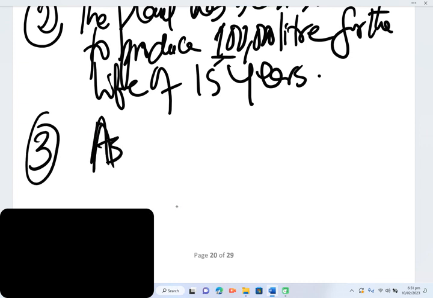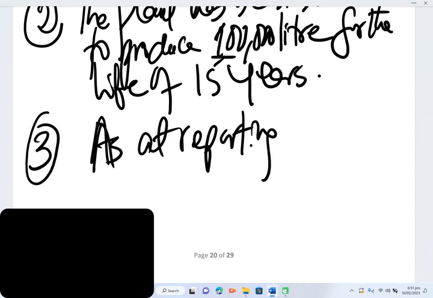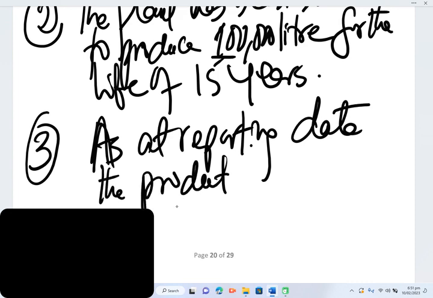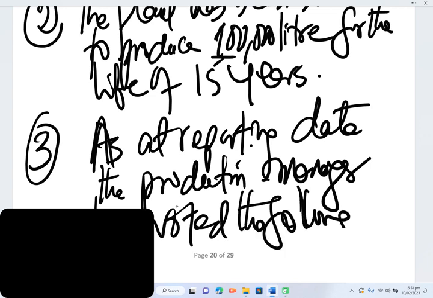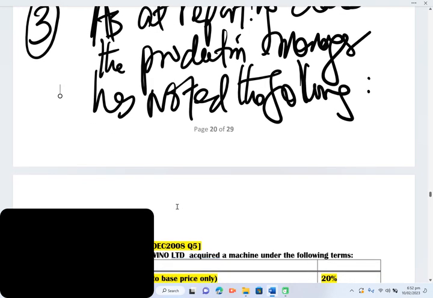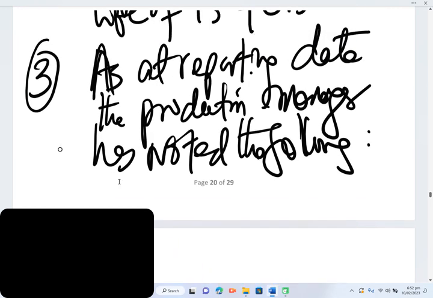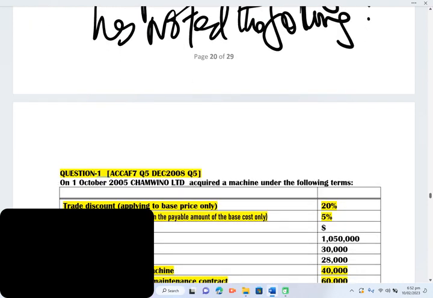As at reporting date, the production manager has noted the following. Mtambo umenunuliwa lini? 2010. Sasa sikiliza maswali yanavyoulizwa kitaalamu.